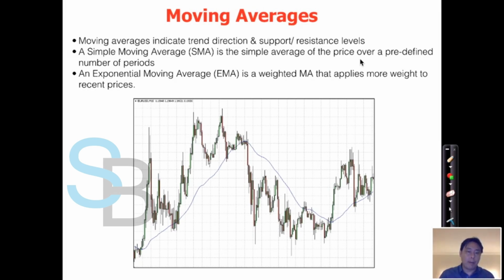An exponential moving average, or EMA, is a weighted moving average that applies more weight to recent prices. So you take the last 50 periods of prices, you don't divide it equally, you place more percentage weight on the recent prices, and so it's called an exponential moving average.